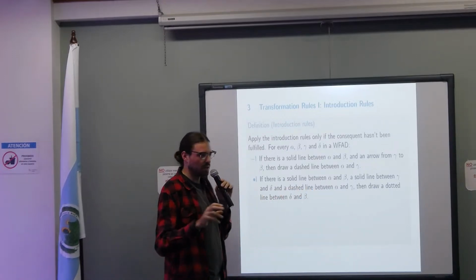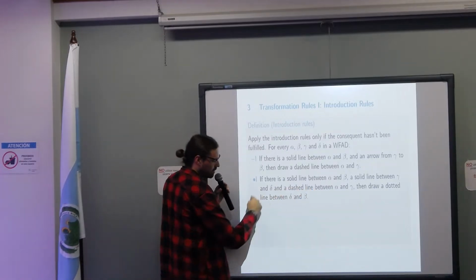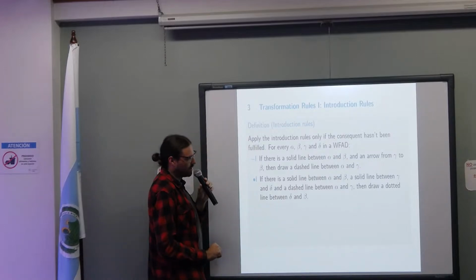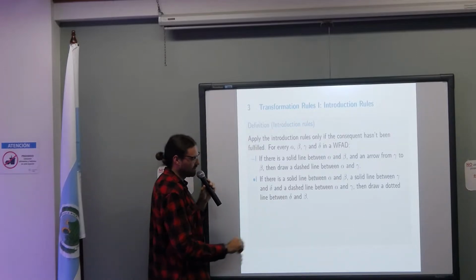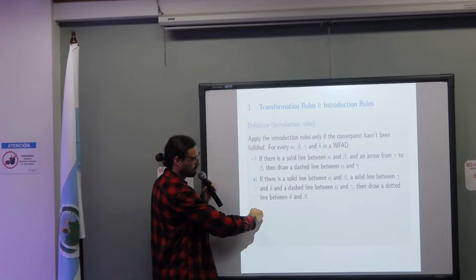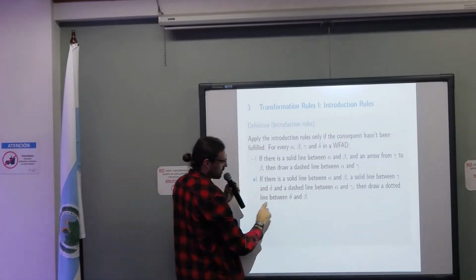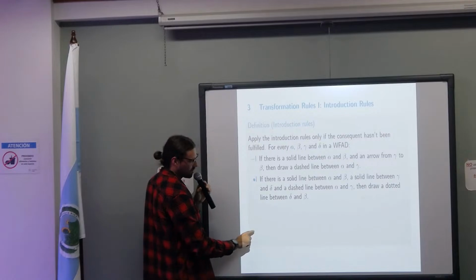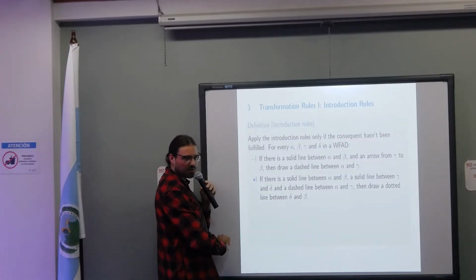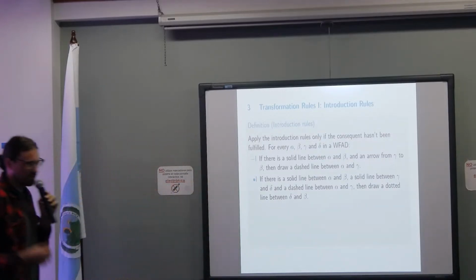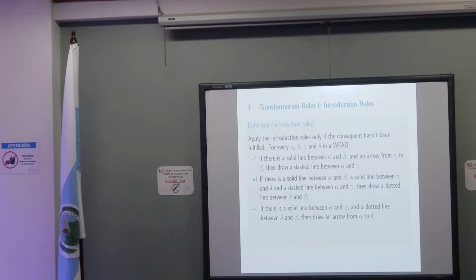So think of an unfinished square of opposition with two diagonals that are contradictory, and we have a dashed line on the top. Then we can draw a dotted line between delta and beta, so we can draw a dotted line on the bottom.